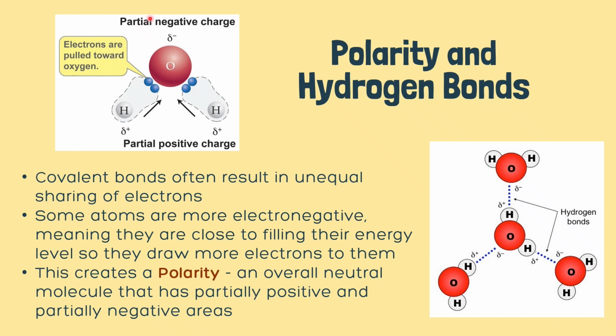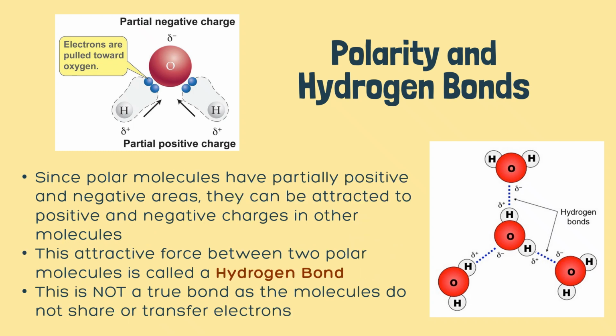So the molecule overall is neutral. There's no truly positive or truly negative part to the molecule. It's overall neutral, but there's areas that have partial positive or negative charges. Sometimes this area will be positive, sometimes this area will be positive, and sometimes this one will be negative. So this is going to become really important when we talk about the example that's being shown here, which is water, which is going to be the subject of our next video.